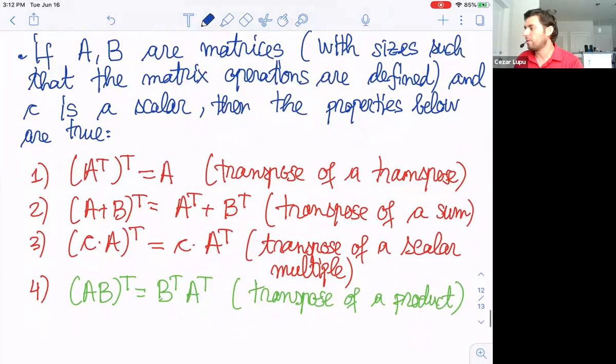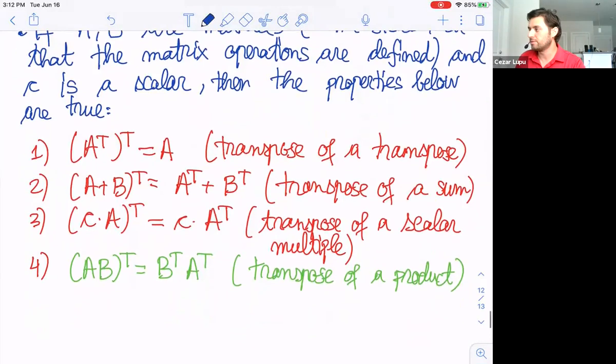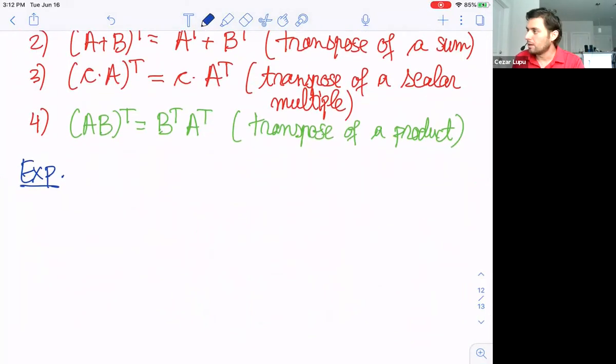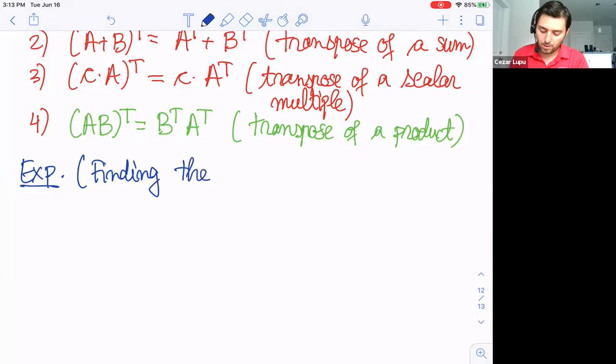So let me give an example of two matrices, for example, finding the transpose of a product.